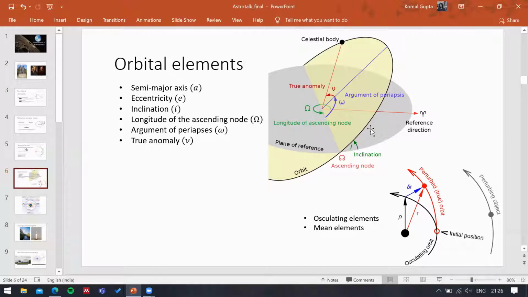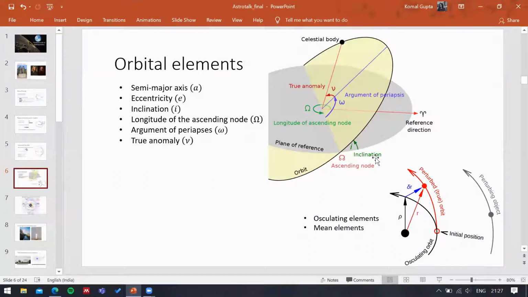Inclination is simply the angle between the orbital plane and the plane of reference. Longitude of ascending node is the angle from the reference direction, which is usually taken to be the vernal equinox. So it is the angle from the vernal equinox of the line where the orbital plane intersects the plane of reference.